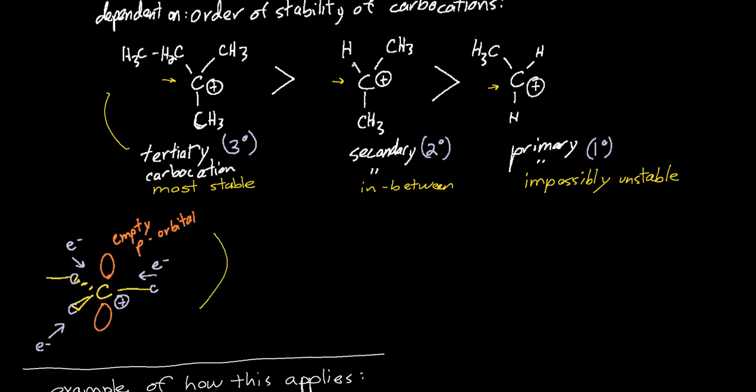So a carbocation consists of an empty p orbital, unhybridized. So a carbocation is sp2 hybridized.